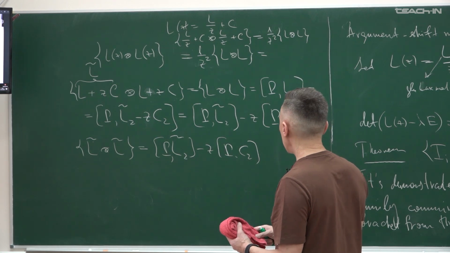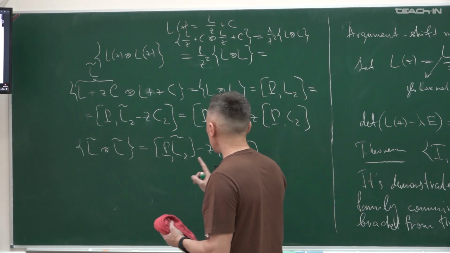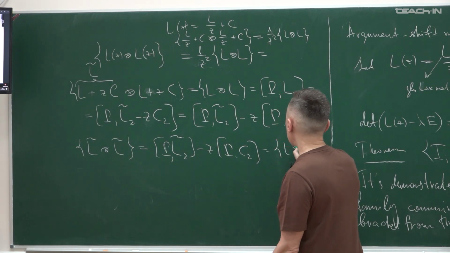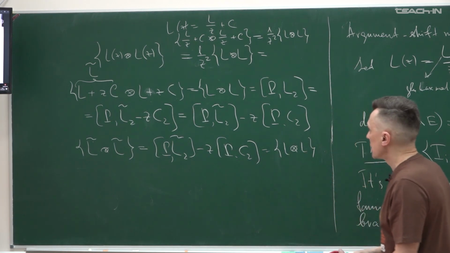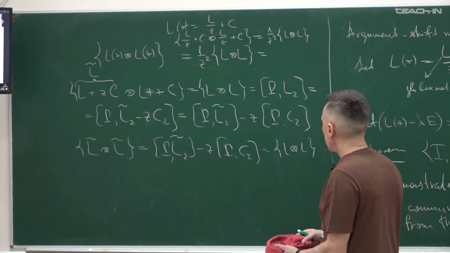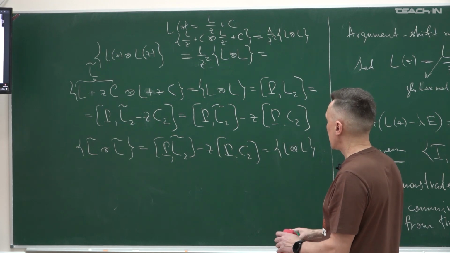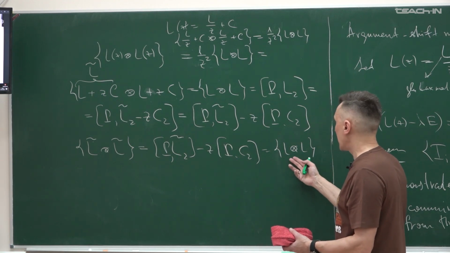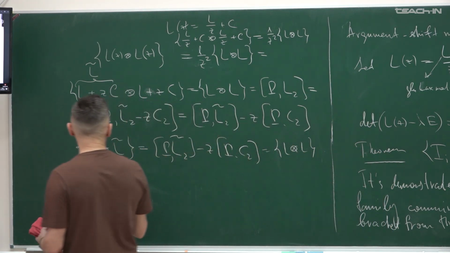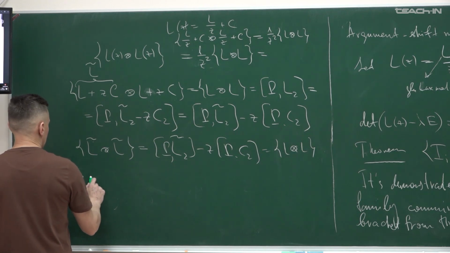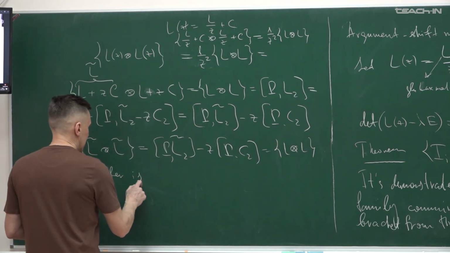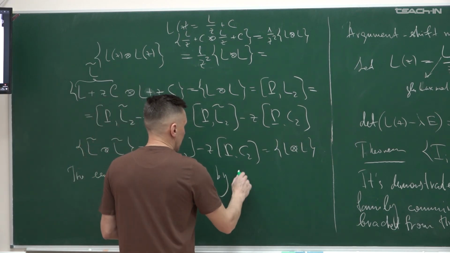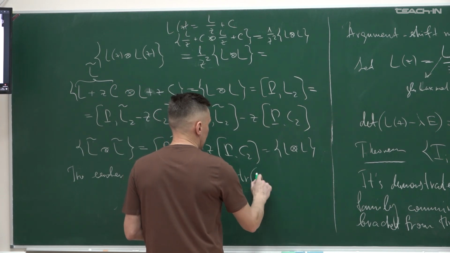So now we know the central element for this bracket, you see, it is just L by L. The center of this bracket is generated by traces of L^K.